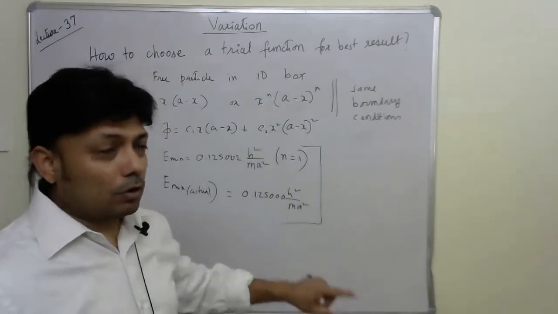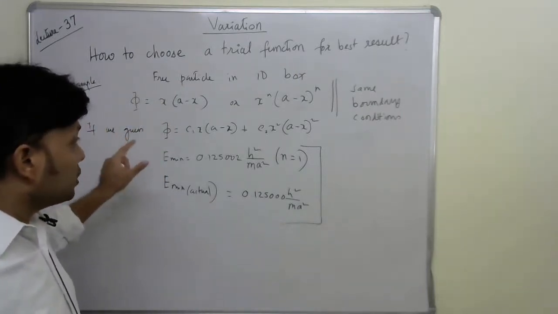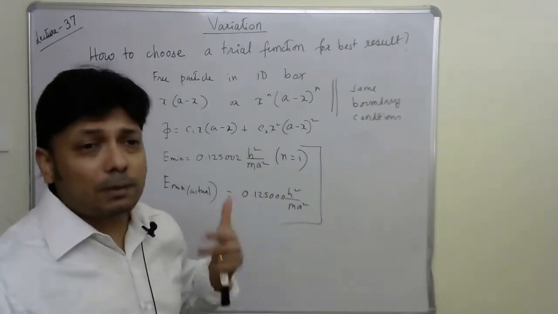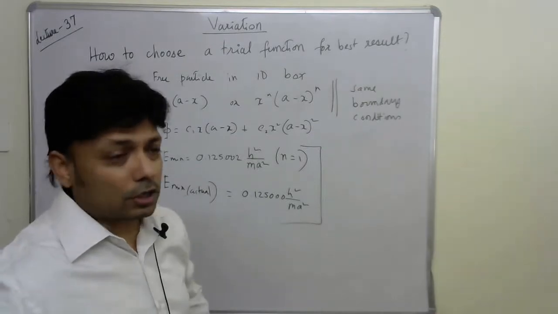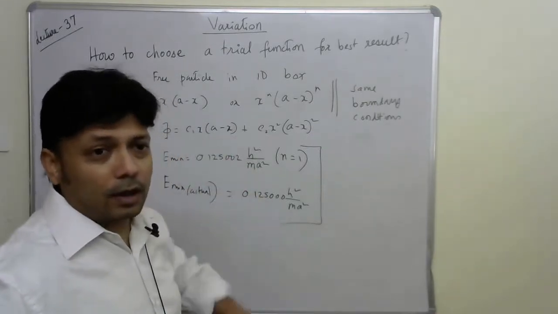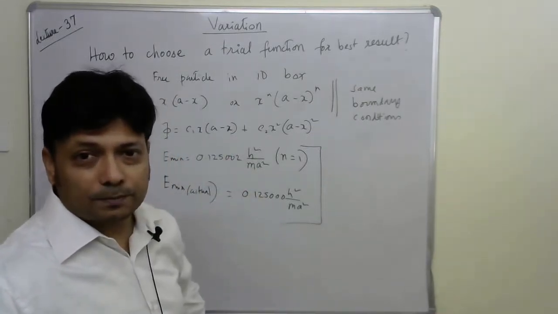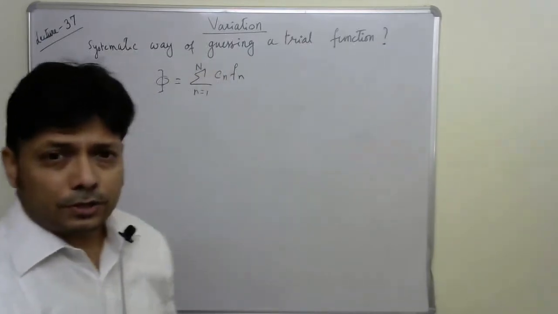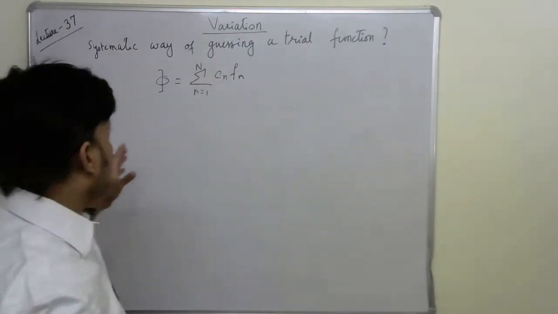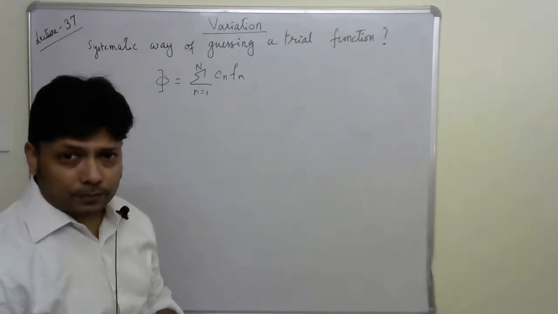Now we are going to write an expression that would give a systematic way to find a trial function. So let's erase this part and do it here. What's the systematic way of guessing a trial function?